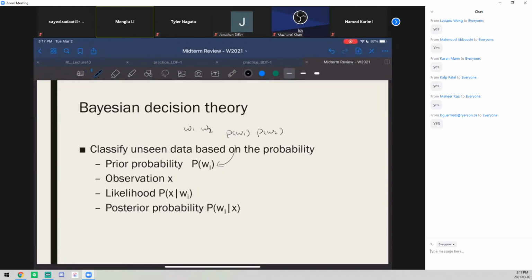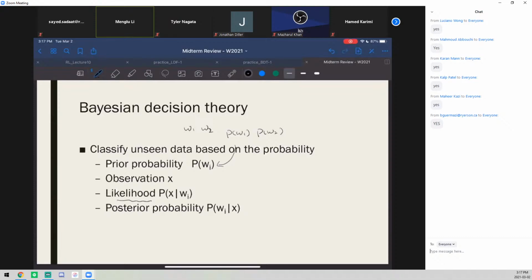Then we have an observation X, and we know the distribution of X in each class. We call it the likelihood. It's the probability of X, given that the class is W1 or W2.